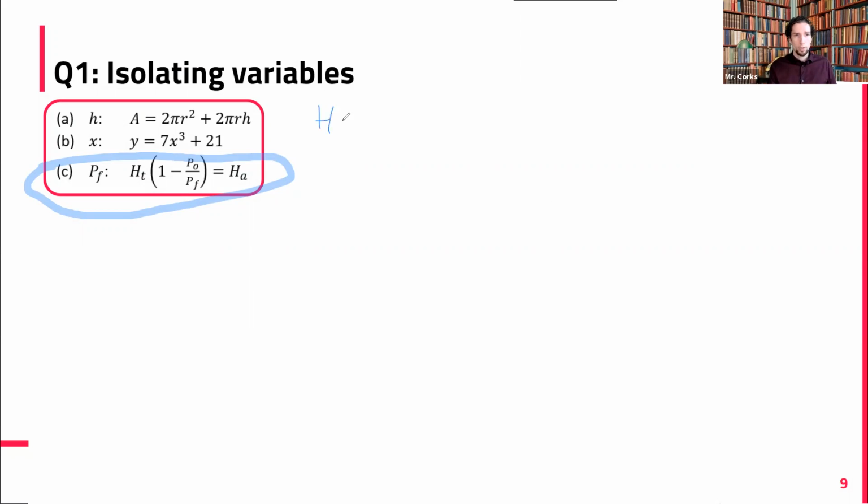HT(1 minus P naught over PF) equals HA. Okay, so what is HT? What's this P naught? What's PF? What on earth are all of these things? Doesn't matter. They're just random letters.